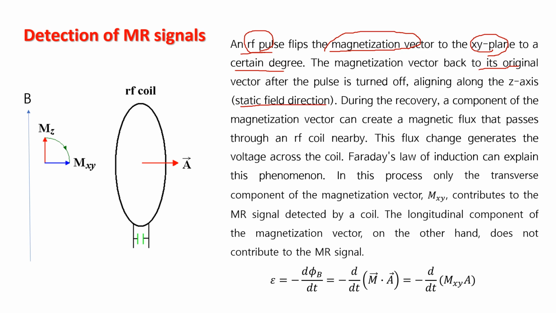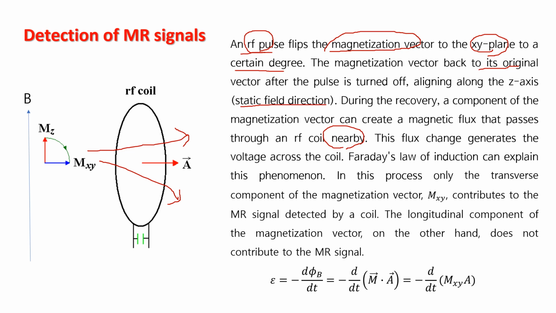During the recovery, a component of the magnetization vector can create a magnetic flux that passes through an RF coil nearby.